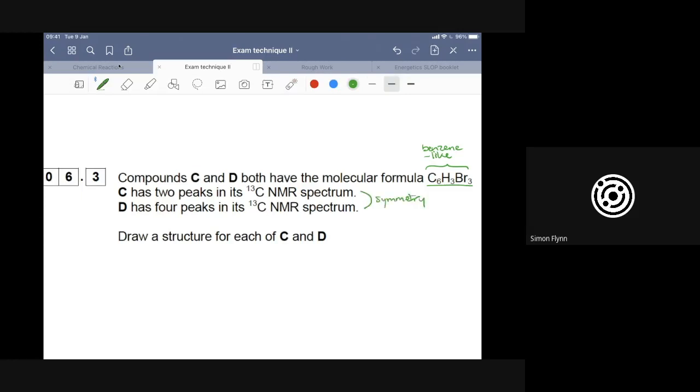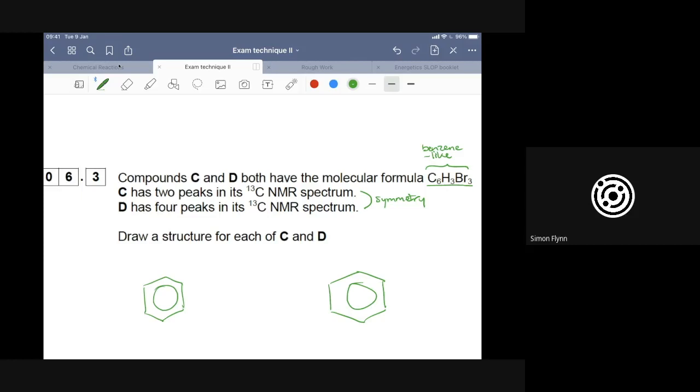The moment it's fewer than what the maximum would be, in most cases anyway, that's suggesting symmetry. So the fact that I've already thought it's benzene means I can just go ahead and draw the benzene structure. And then I've got to think about how I stick the bromines on. I've got to do 2 of them. I've already drawn that structure.